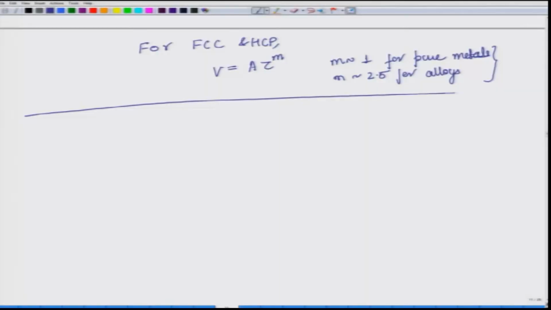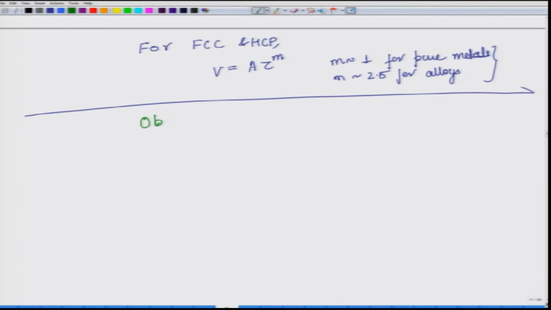So, if you remember, in the very beginning I informed you that dislocation theory was developed long before any observation was made, and the first observation of dislocation was made in 1956.